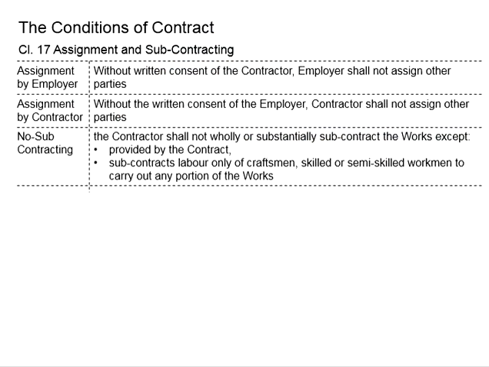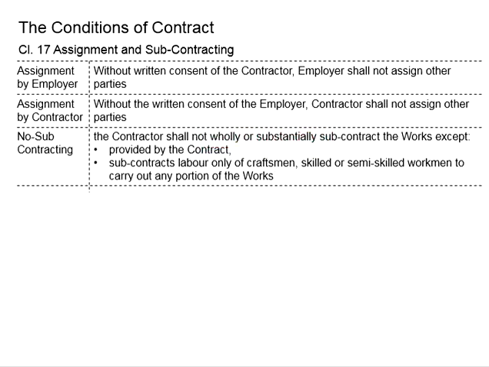The definition of subcontracted work means that the contractor wholly or substantially subcontracts the work to somebody else. This does not include subcontracting laborers to carry out the work. That means the contractor can still subcontract laborers to carry out the work, but not actually subcontract the contract to somebody else.